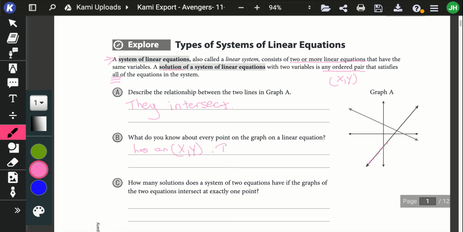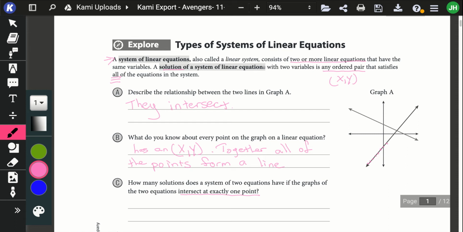And together, all of the points form a line. So how many solutions does a system of two equations have if the graphs of the two equations intersect at exactly one point?